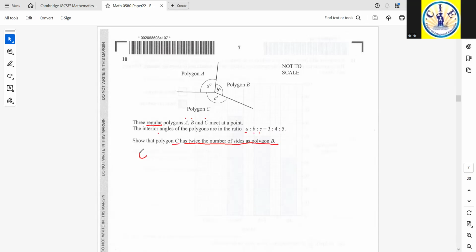So what I can do is let the interior angles be 3x, 4x, and 5x. And since we know that the sum of the angles at a single point is 360, I can have 3x plus 4x plus 5x is equal to 360. So the value of x is 30.